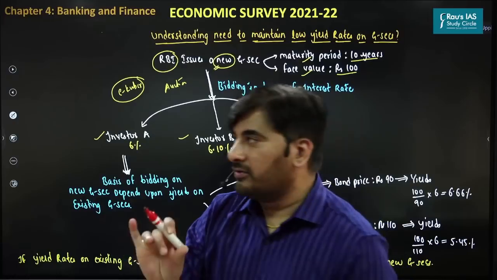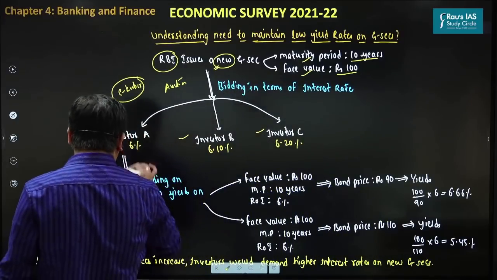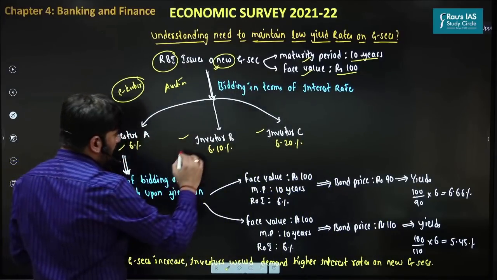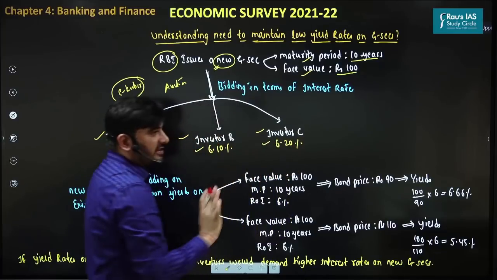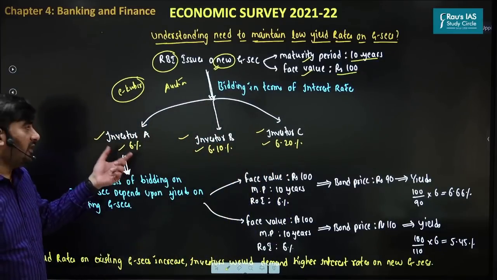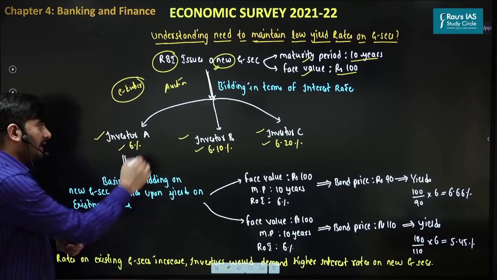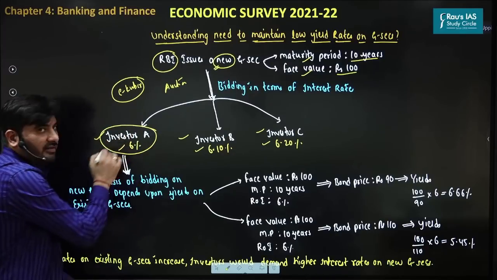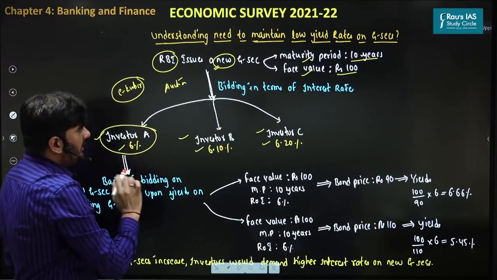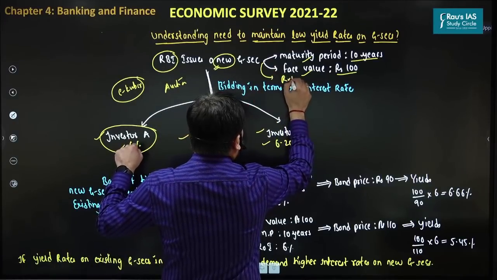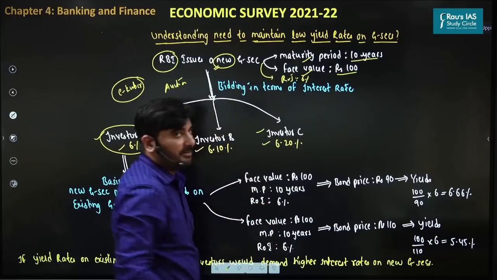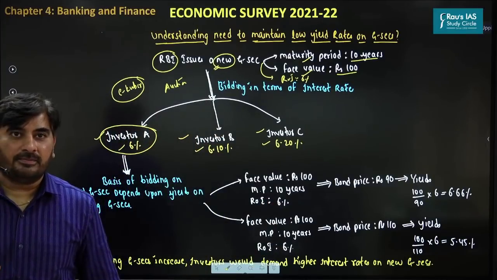Let's say investor A is asking for 6%, investor B is asking for 6.10, and investor C is asking for 6.20. Who is asking for the least rate of interest? Investor A. So this government security will be allocated to investor A with a rate of interest of 6%. Are you getting this point?